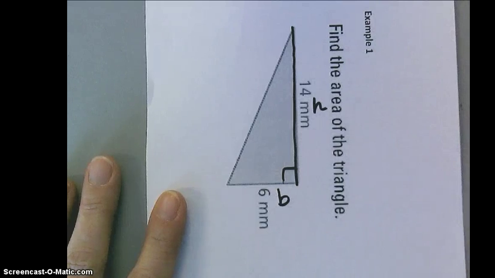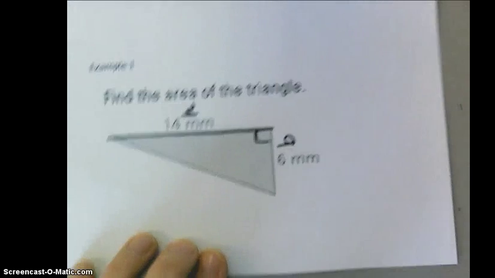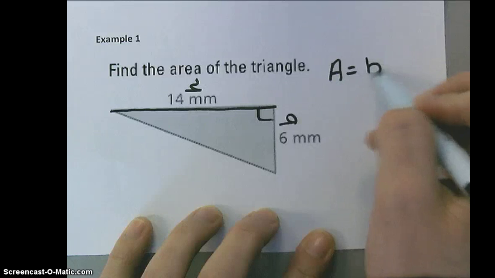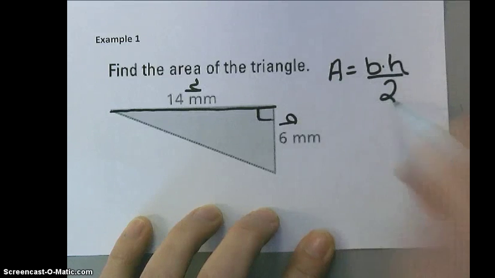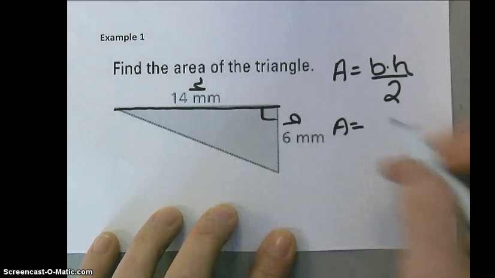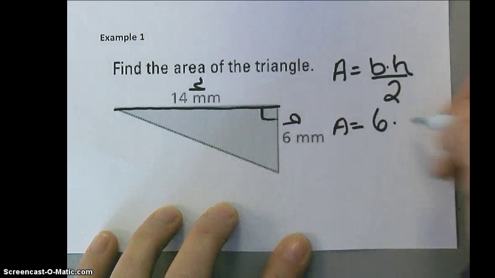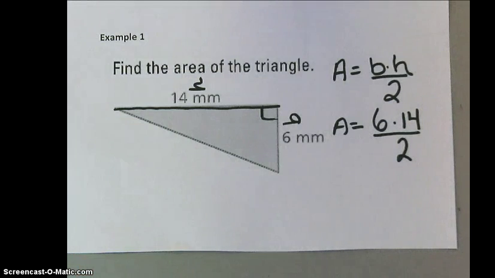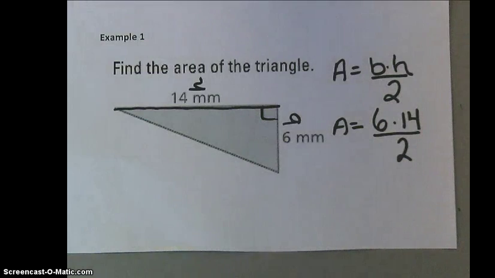Okay, so now I have my base and my height labeled, and I just have to plug it into the formula. Area equals base times height divided by 2. So A equals my base was 6 times my height, which is 14, and divide it by 2. Now I want you to look at this and look at those common factors because I have a fraction, and this is going to make your multiplication a lot easier.